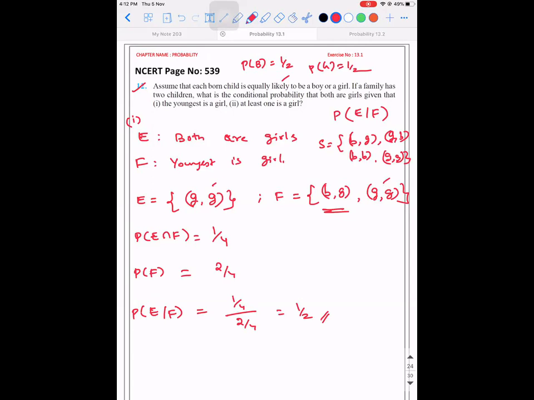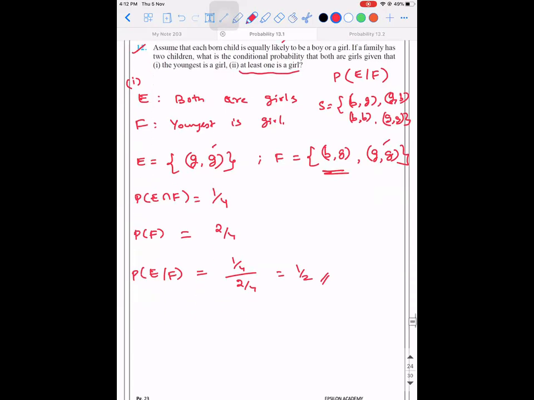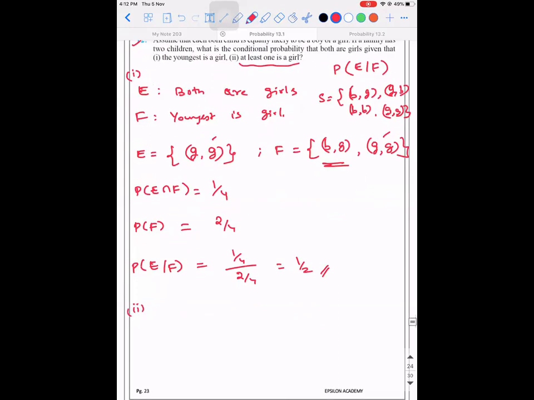Right. So second one, at least one is a girl. Again probability of E given F only. In this scenario also, E is both are girls. F is what? At least one is a girl.